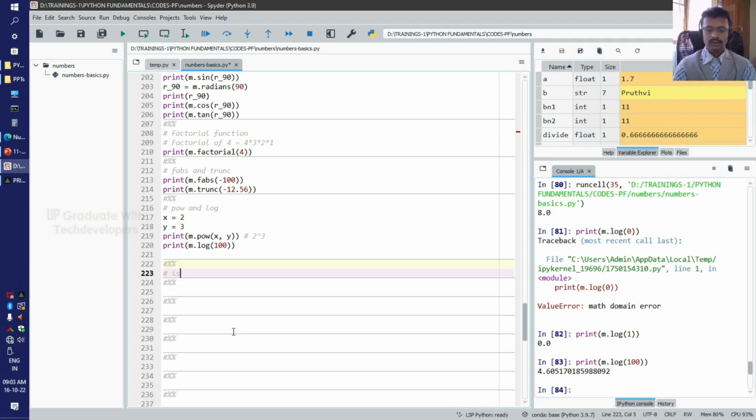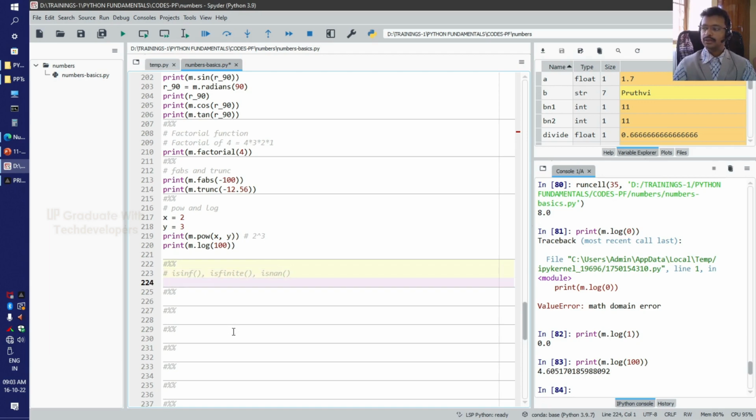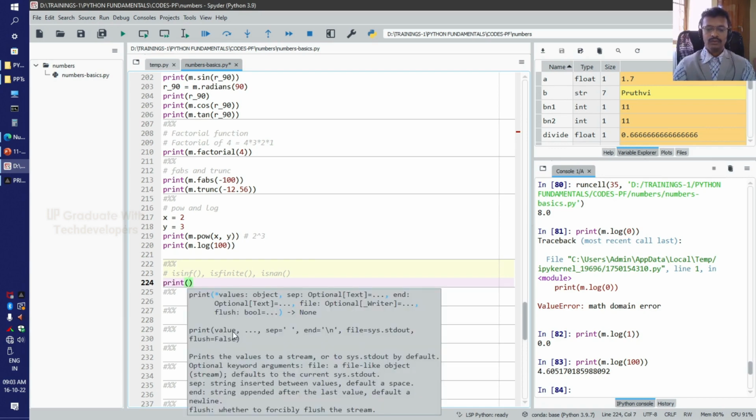So here, the isinf method is used to check whether the number is infinite or not. Then the isfinite method is used to check whether the number is finite or not. And then the isnan method is used to check whether the argument is a number or not. Let us use them one by one.